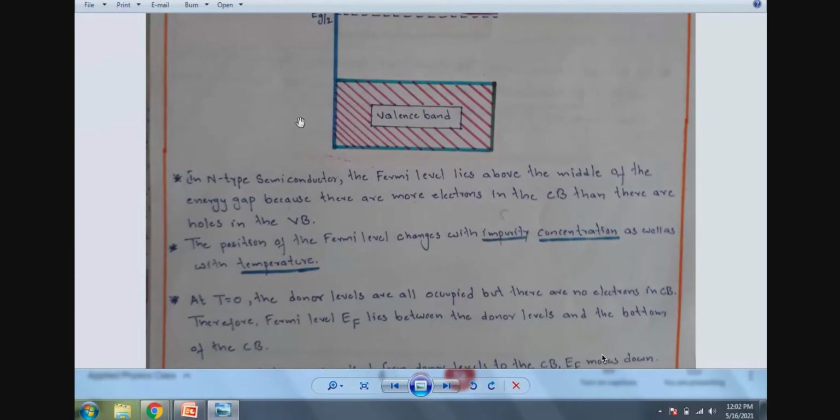That means suppose there are 100 donor electrons; 50 remain in the donor energy level and 50 are excited to the conduction band at this temperature.